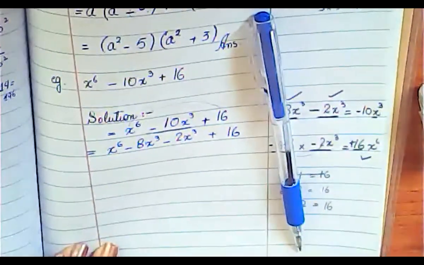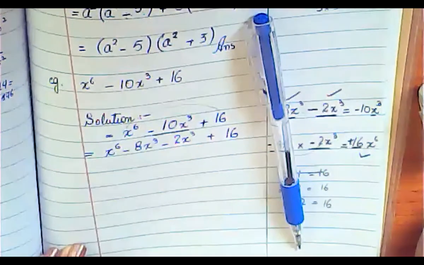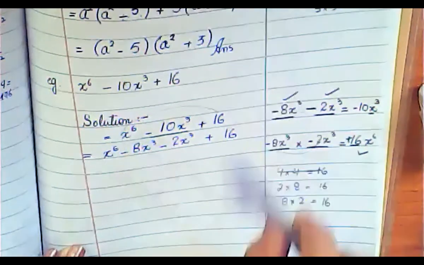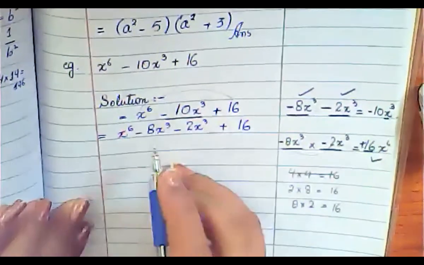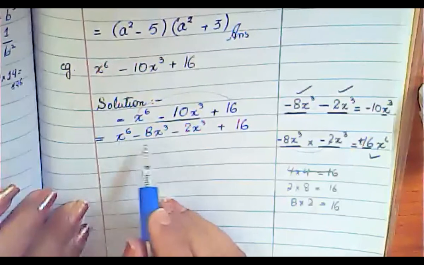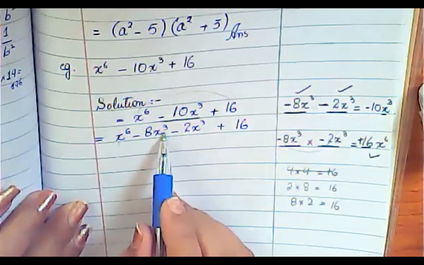So please tell me, in the first two terms, what is common? Obviously, as you can see here, both the terms have variable x. So we will take x as a common variable, and the least power of x here is 3.